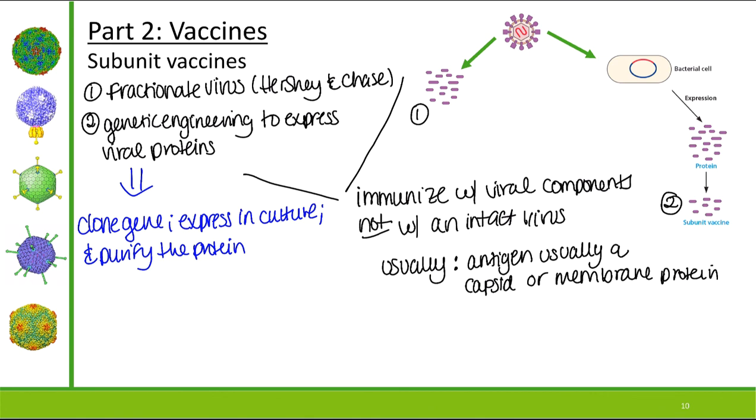There are actually a couple of examples of subunit vaccines. One of them is called Flublok, and you can probably guess what this is against. This is against the flu. Flublok is actually the hemagglutinin protein, and what we have done with this is we have genetically engineered it.